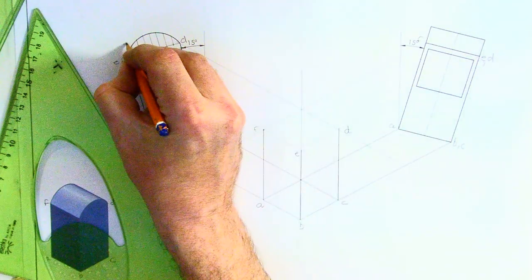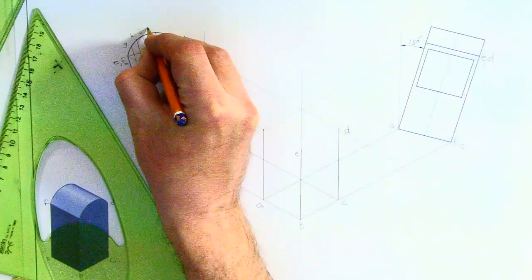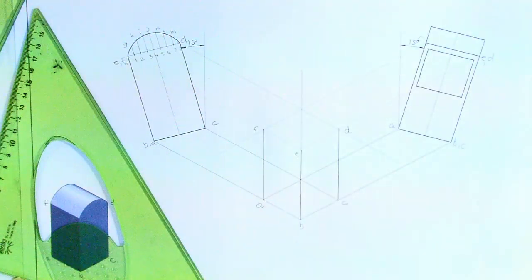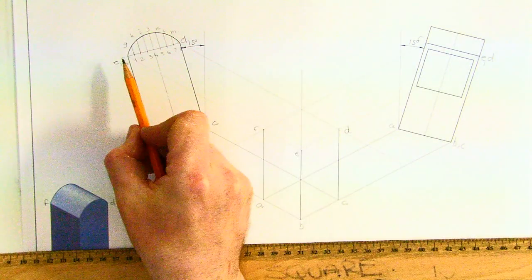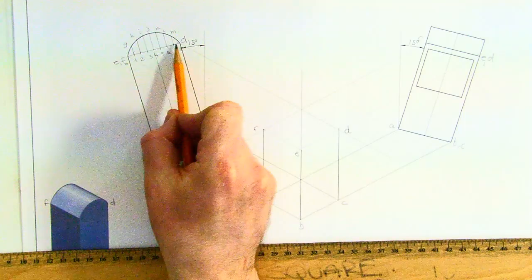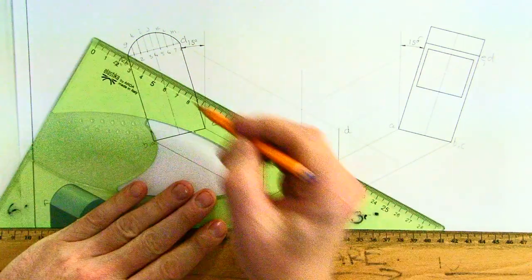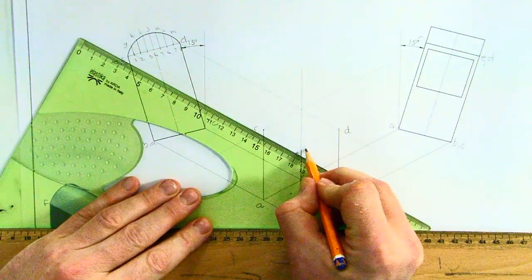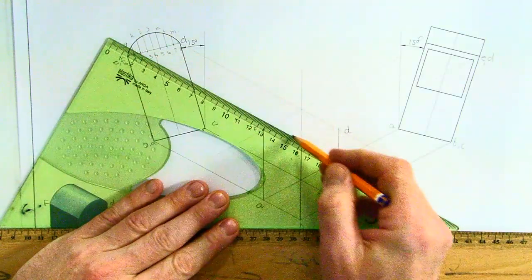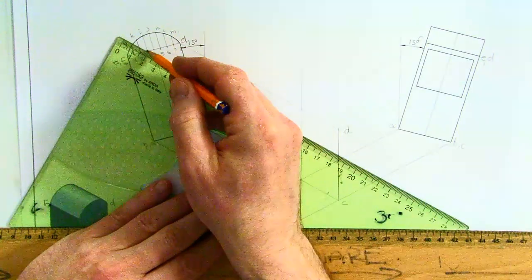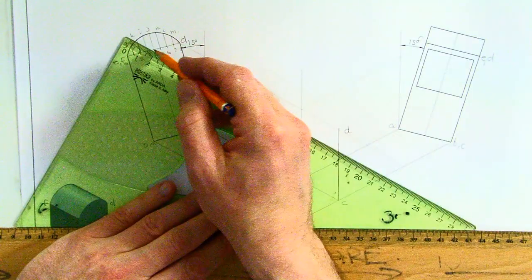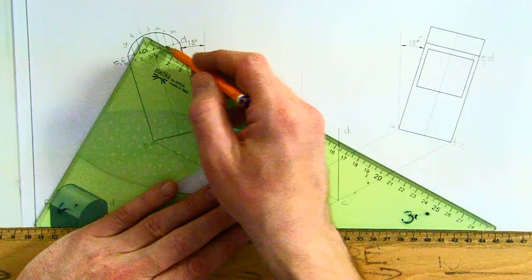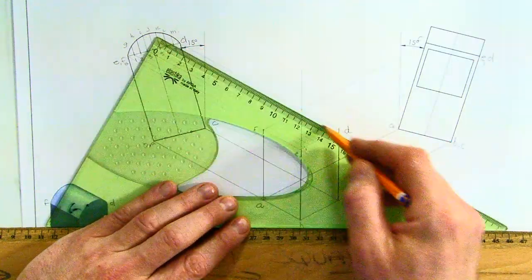F. We call this G, H, I, J, K, L, M. Now, if we look at this here, this is along the line ED. So we're going to bring these points 1 down so it meets that line ED. 2, 3, 4, 5.